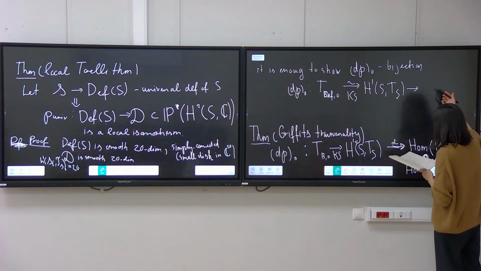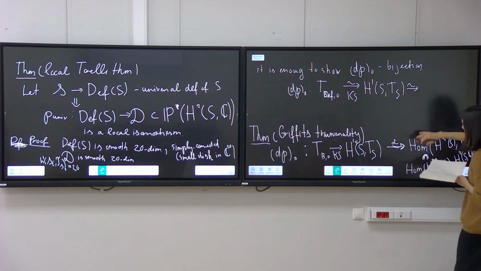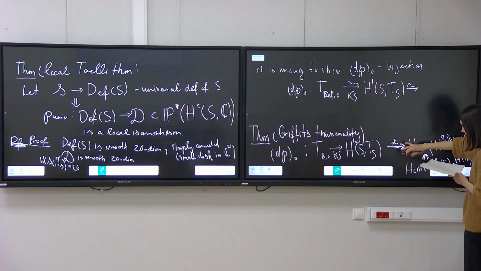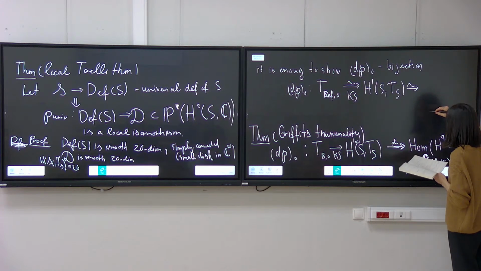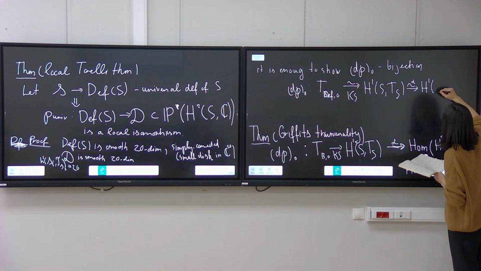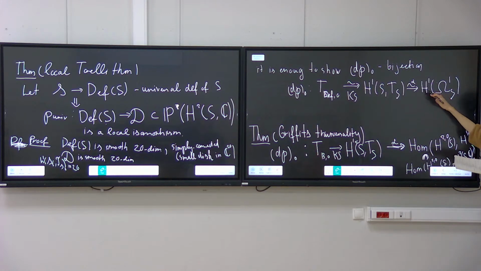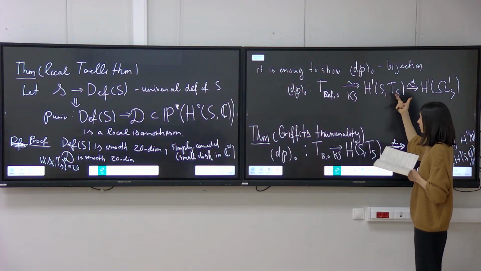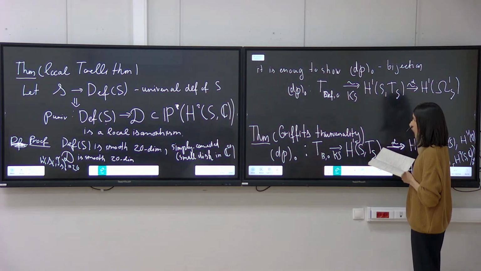And we have already discussed that in the case of a K3 surface, this is also an isomorphism, right? And this is a bijection.